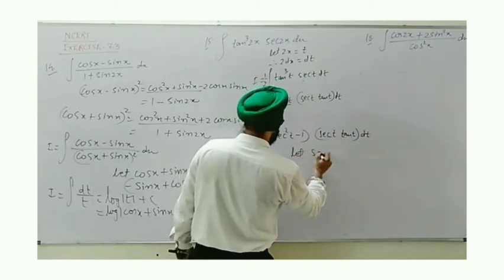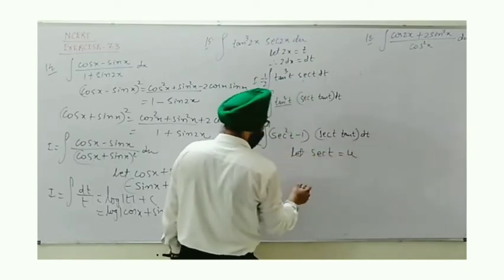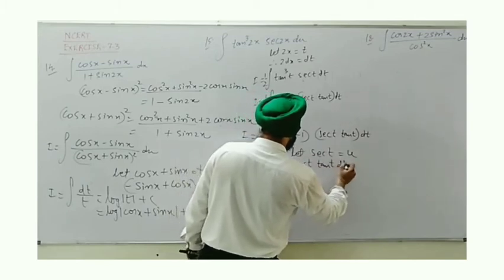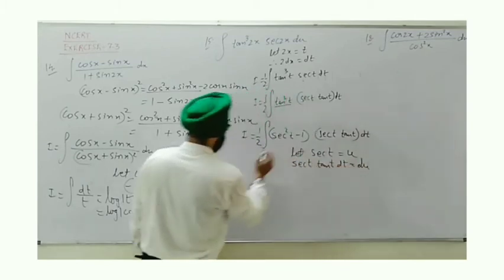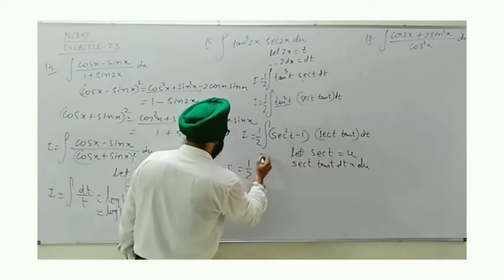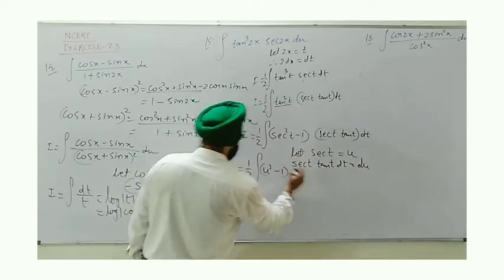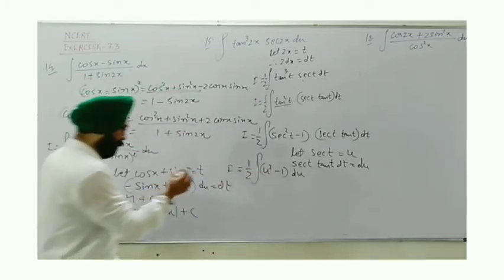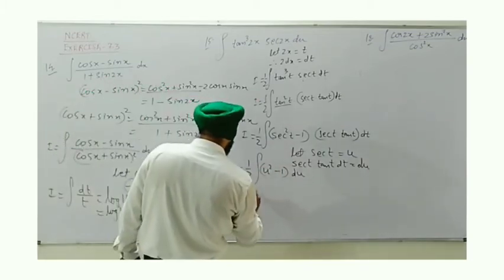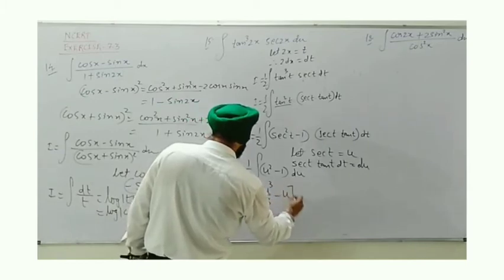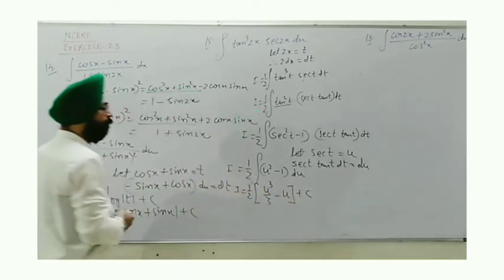Now only substitution is left. Sec t equal to u, we get sec t tan t dt as du. Replacing, we get u square minus 1 du. Very basic function. You can do it directly as u cube by 3 minus u plus c.